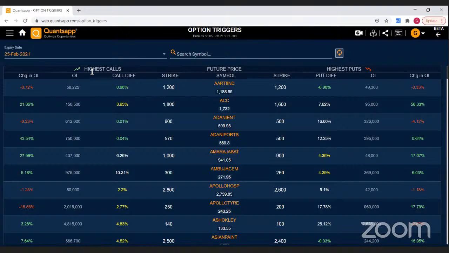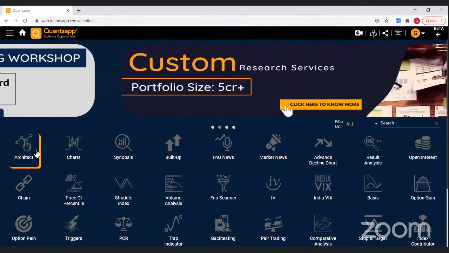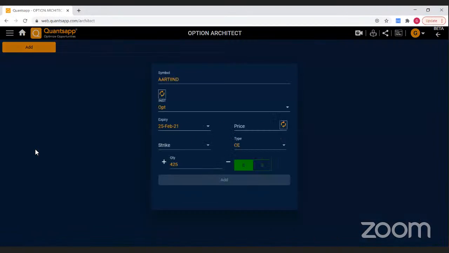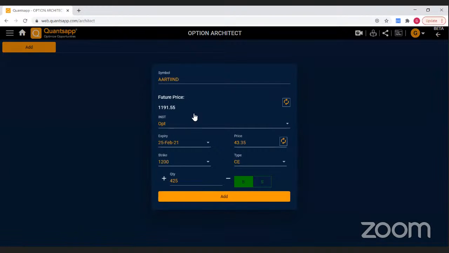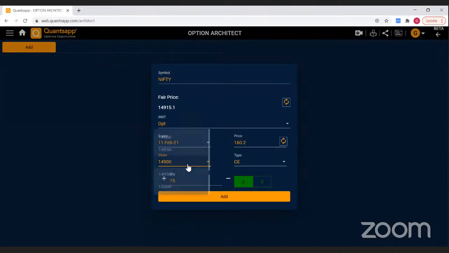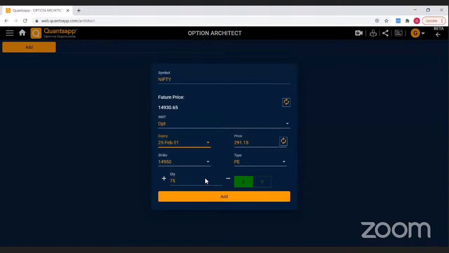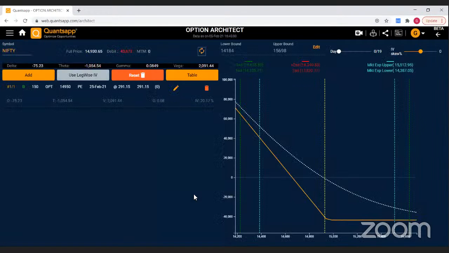So the first question we have, we're gonna jump to the option architect tool. Somebody has asked, can you please explain if someone buys 15,000 PE? So we have Nifty over here. I'm gonna literally see here: 15,000 put option, 25th expiry, 2 lots, and sold 15,000 PE.